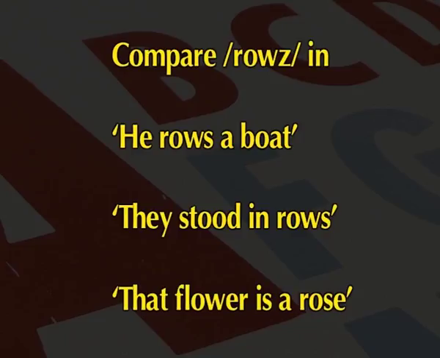Z meaning third person singular actor and z meaning plural are homophonous. Sequences of morphemes can also be homophonous, either with other sequences or with other morphemes. Compare rose in he rows a boat, they stood in rows, that flower is a rose.